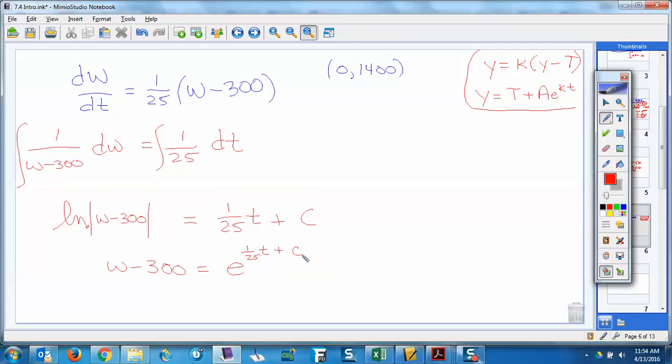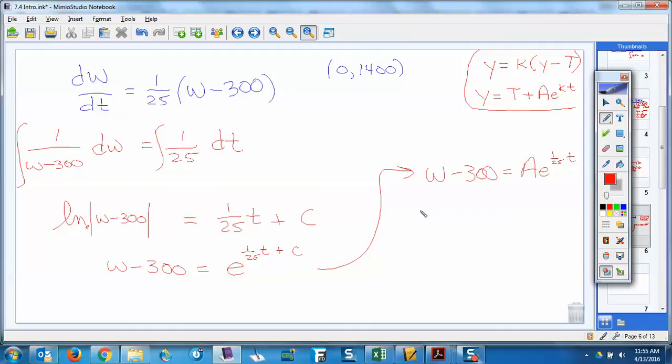And what can we do on that right side? Split that apart. So this would be like w minus 300 equals a e to the 1/25th t, right? And you separate those just like we did on the other page. So this would be e times e to the c.